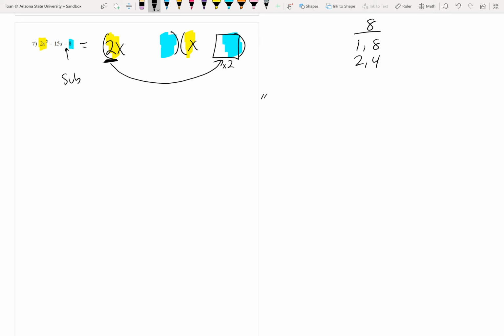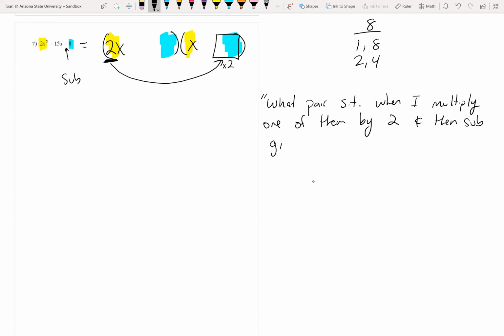This is what I should be thinking: what pair is such that when I multiply one of them by 2 and then subtract, it gives me the middle number, 15.